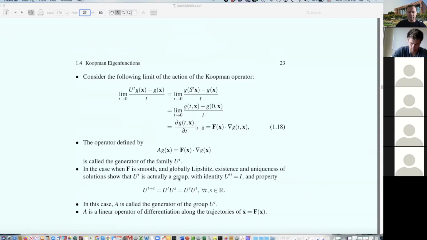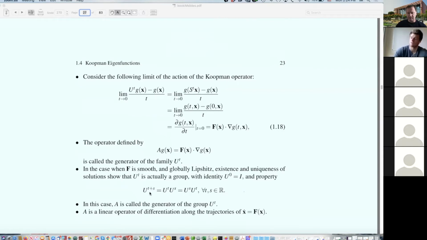A group needs to have several properties: identity, associativity, closedness, and inverse. And this formula here says, let me take the member of this family of operators Ut plus s, for two different times t and s, both real numbers. That is equal to UtUs.